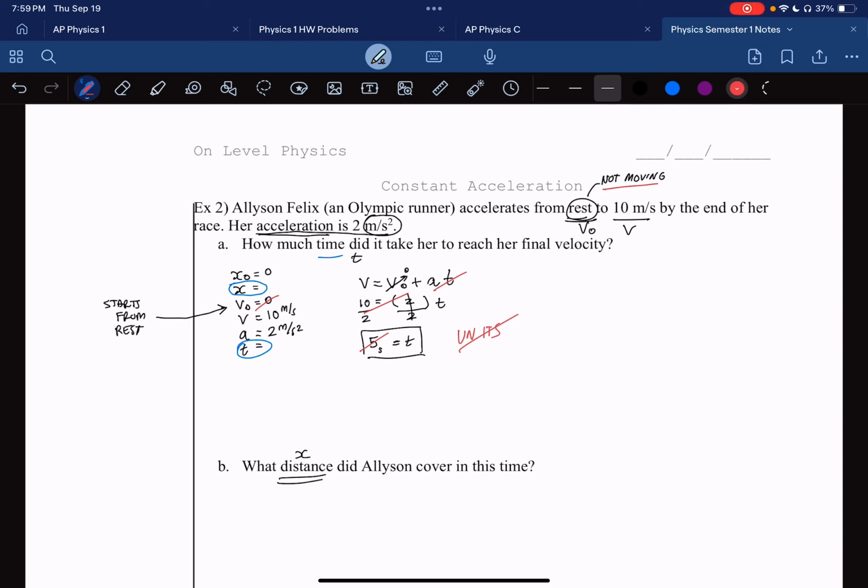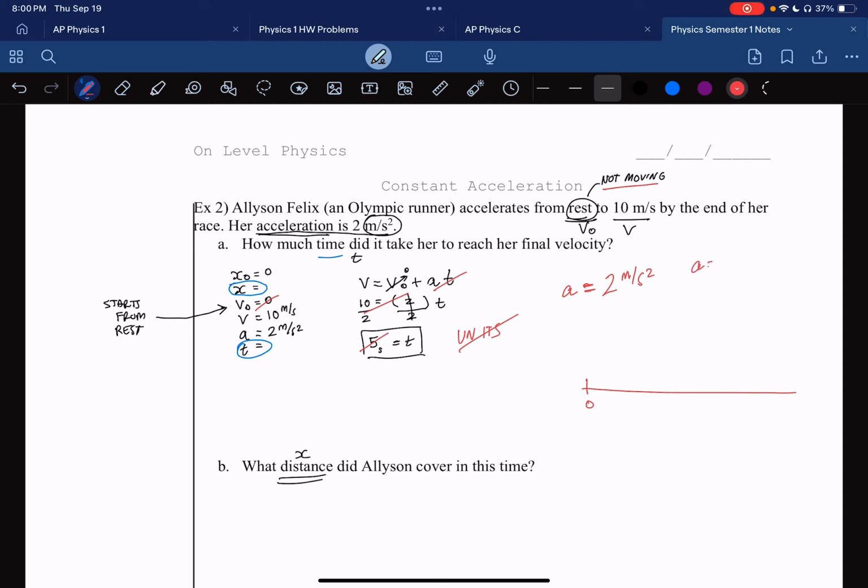But let's keep going. I want to show you all the meaning of acceleration. It says that Alice and Felix's acceleration is 2 meters per second squared. Okay, and think about a race, right? So she's starting at position 0. And here's the meaning of acceleration of 2 meters per second, or just acceleration in general.